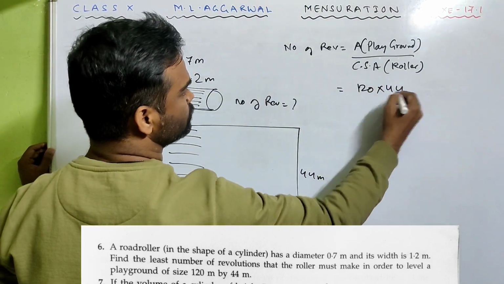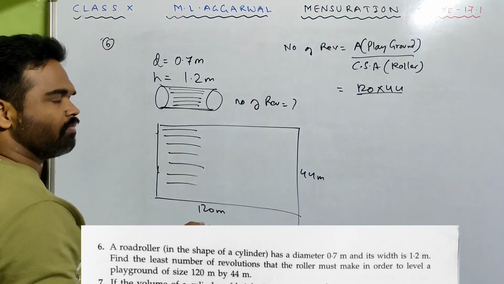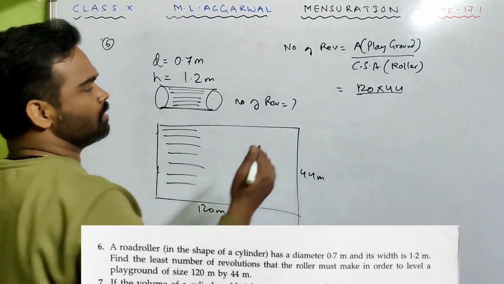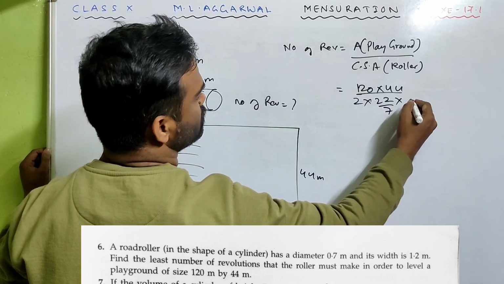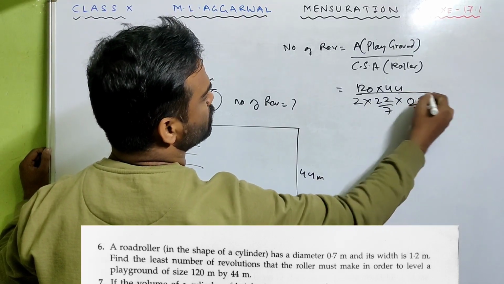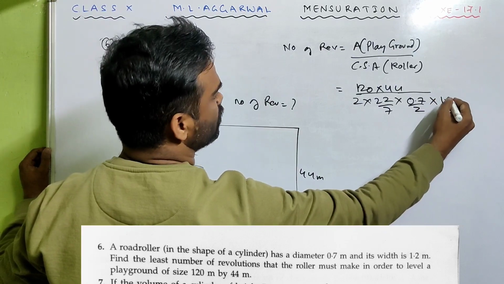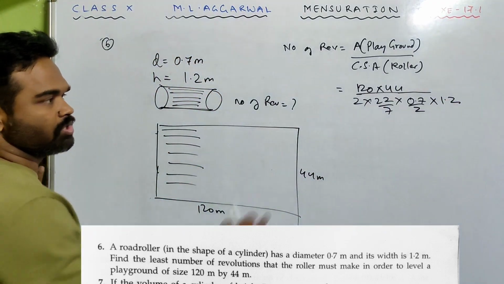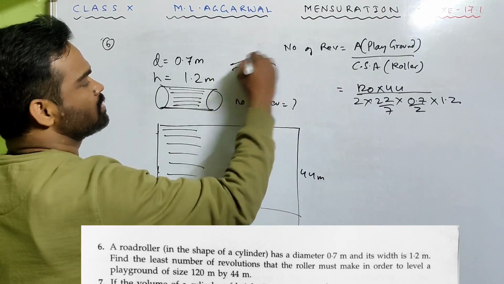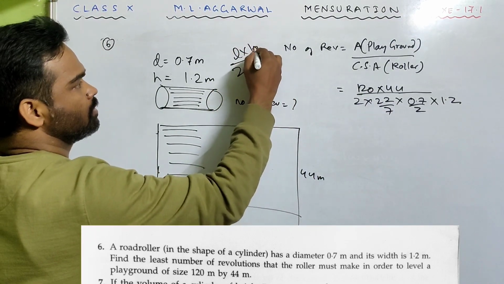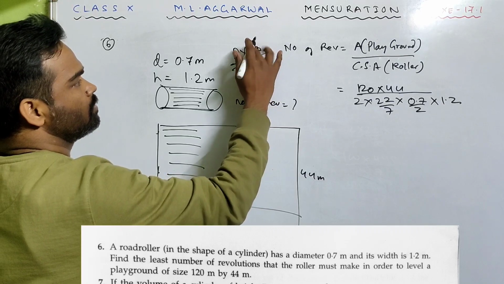Length into breadth, and CSA of roller, which means a cylinder, is 2 pi r. R is how much? 0.7 by 2. Yes or no? Into h. This is 1.2. Check out the calculation. 2 pi RH. 2 pi RH. And that is length into breadth of the playground. Yes or no?